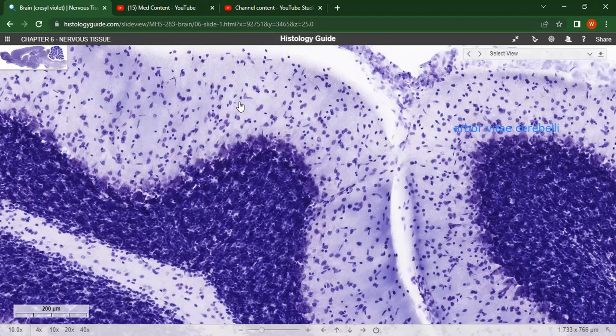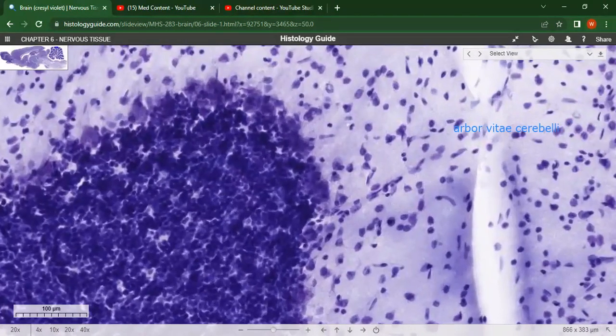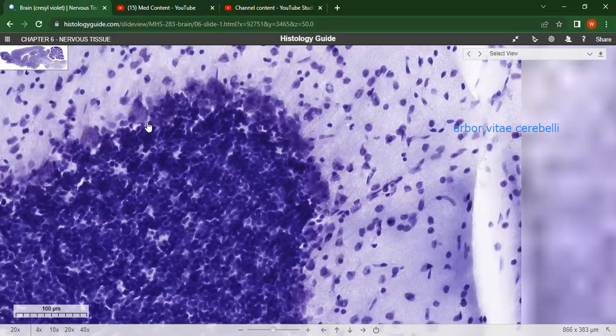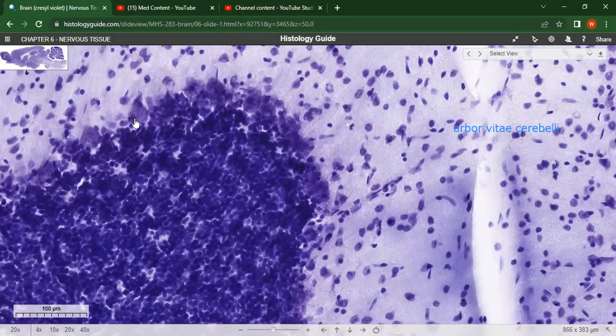So let's look at the Purkinje cell layer. You should know the Purkinje cells, how they look. Maybe we should use a higher magnification than that. So this is a Purkinje cell. This is a very good Purkinje cell here. Also, this is a Purkinje cell. A Purkinje cell is usually flask-shaped.